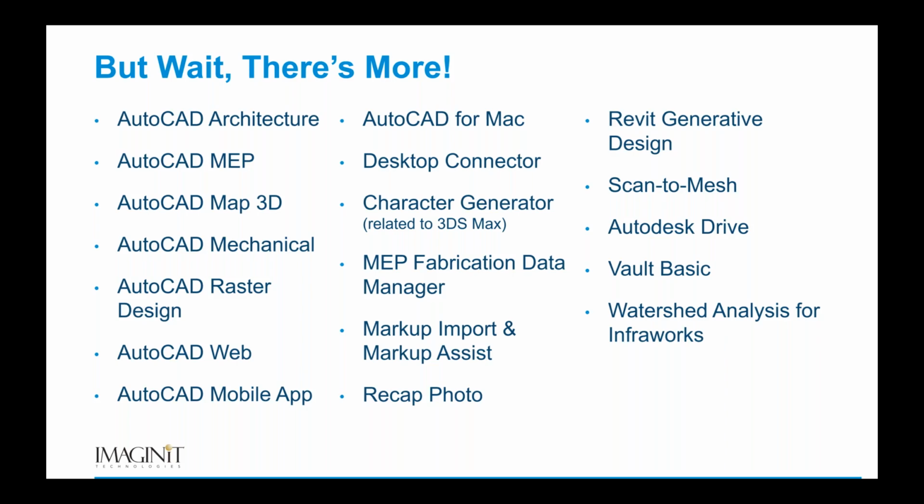Recap Pro, which has a photo component to it, mobile applications for AutoCAD. All these things are inside that one package that we've got with the AEC collection. And we need to make sure we remember what types of things are out there. And if you hit the click again, Scott, there's over 36 different things that'll be listed as part of the AEC collection.